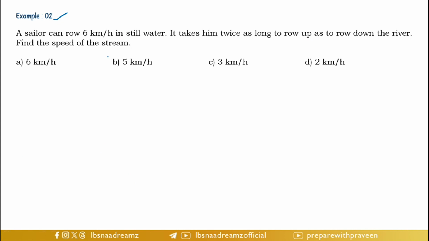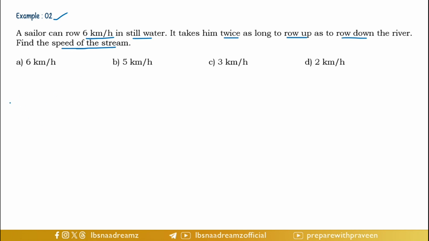Example 2. A sailor can row 6 km per hour in still water. It takes him twice as long to row up as to row down the river. Find the speed of the stream.